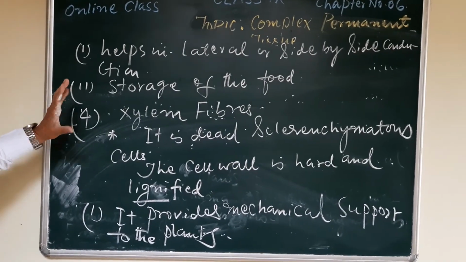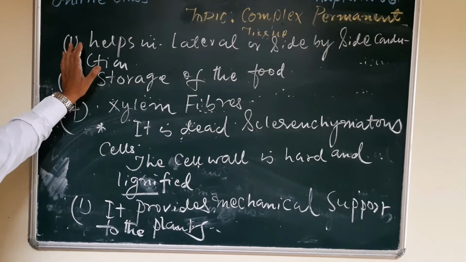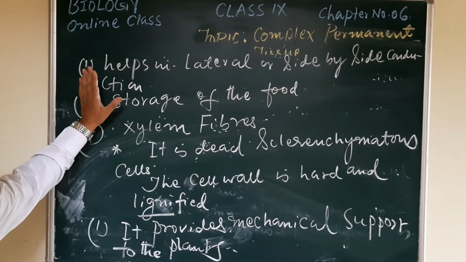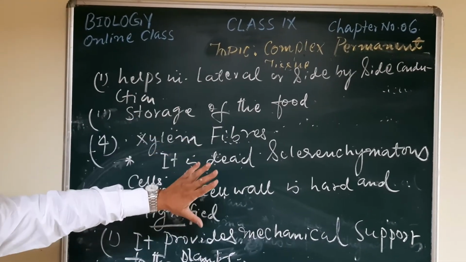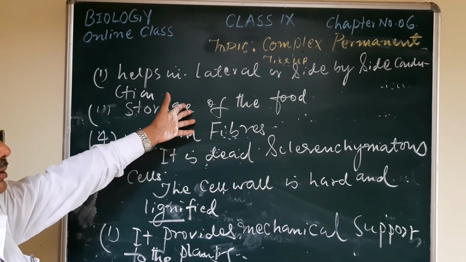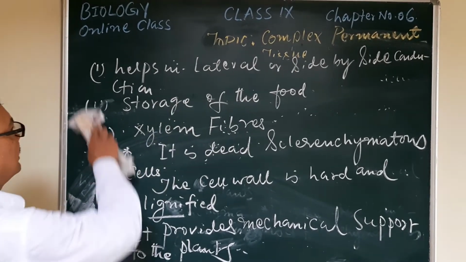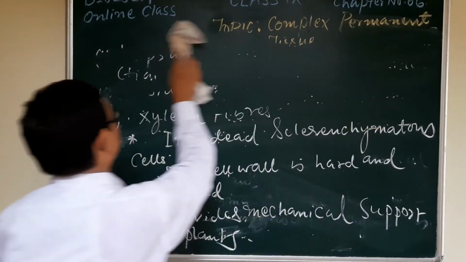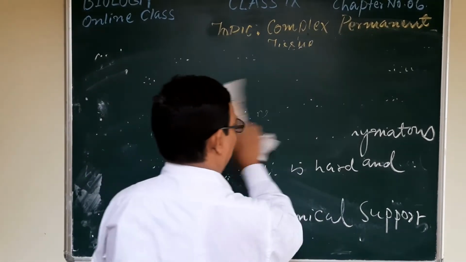They can specifically perform the function of conduction of water and minerals, and besides that they can also provide support or mechanical strength to the plant body. So these are the different elements and their important functions of xylem.